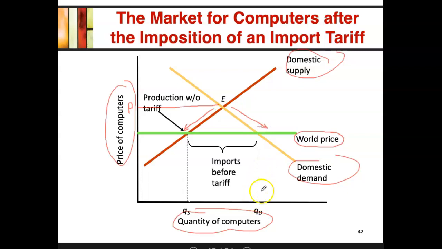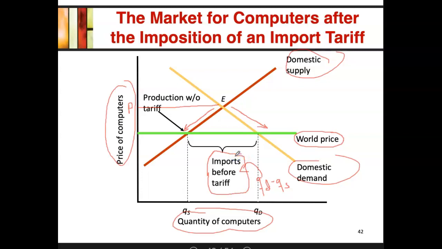And hence you get this sort of artificial shortage in a way, right? So you have quantity demanded minus quantity supplied being your imports, okay? So QD minus QS basically is imports, right? This is before the tariff.